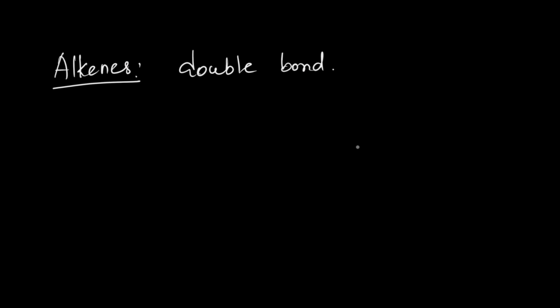That's it about alkanes. Now we are moving to alkenes. So alkenes will have a double bond, a sigma bond and a pi bond once again, which is sp2 hybridized, planar in structure, which can exhibit isomerism as geometrical isomerism.